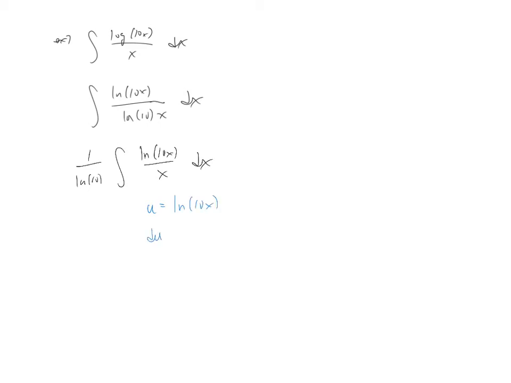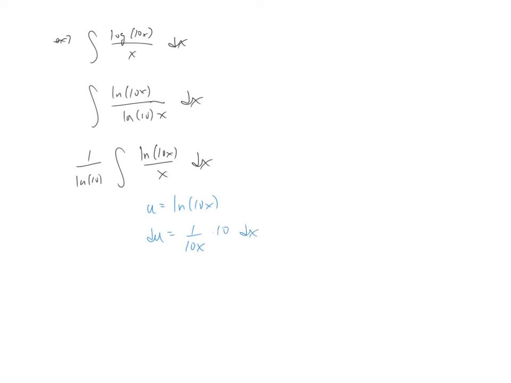I say that because we need to account for this x being in our denominator, and the derivative of a natural log is 1 over this thing right here. So we've got a 1 over 10x times the derivative of the inside, which would be a 10, followed by, of course, our dx.